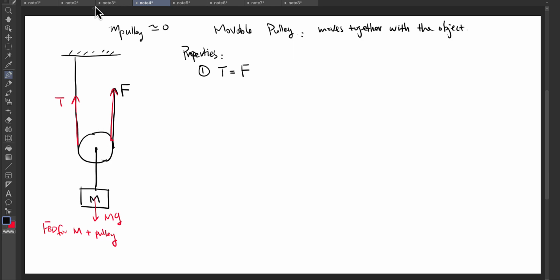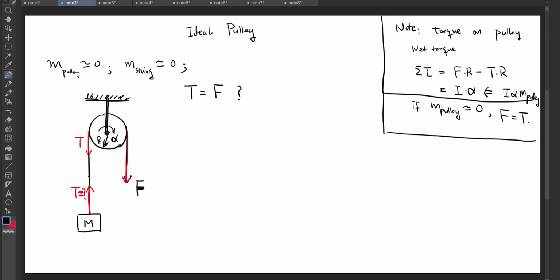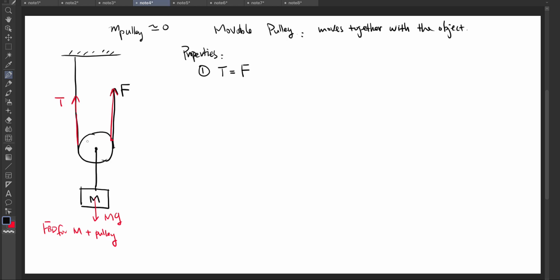Okay, so remember, just like before, we need to argue that when we accelerate the pulley in these rotational dynamics, because its mass is negligible, its rotational mass equals 0, and then the pulling force equals the tension force. Okay, so the same thing happens here.